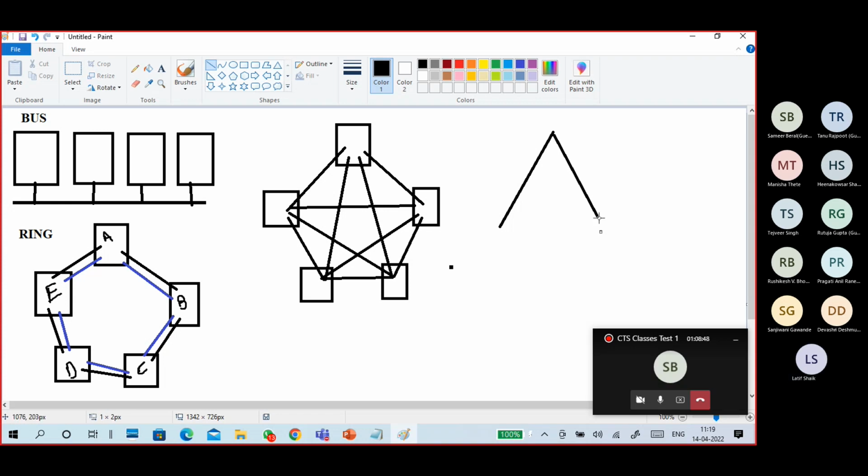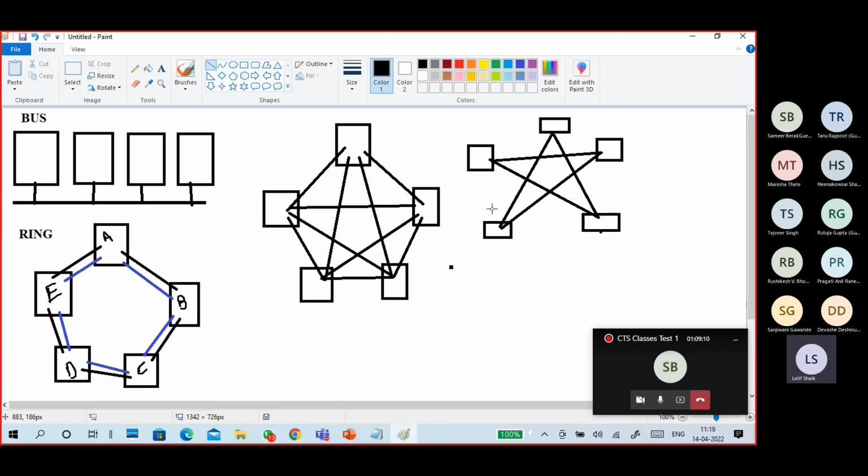Earlier when we were in engineering, people put a star because it looks like a star and said it is a star topology. It is not a star topology, guys. It is a mesh topology. It is not even a complete mesh. The complete one will be like this.